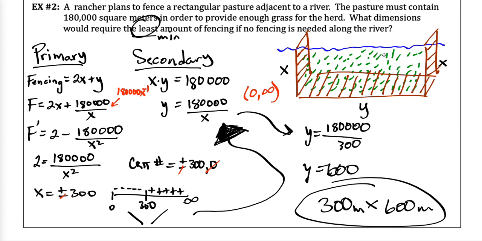There's lots of different combinations of the fencing that we could multiply to get 180,000 square meters. We're trying to find the two numbers that would use the smallest amount of fencing. We could have given the answer of 200 and 800, but that would use more fencing than 300 and 600.